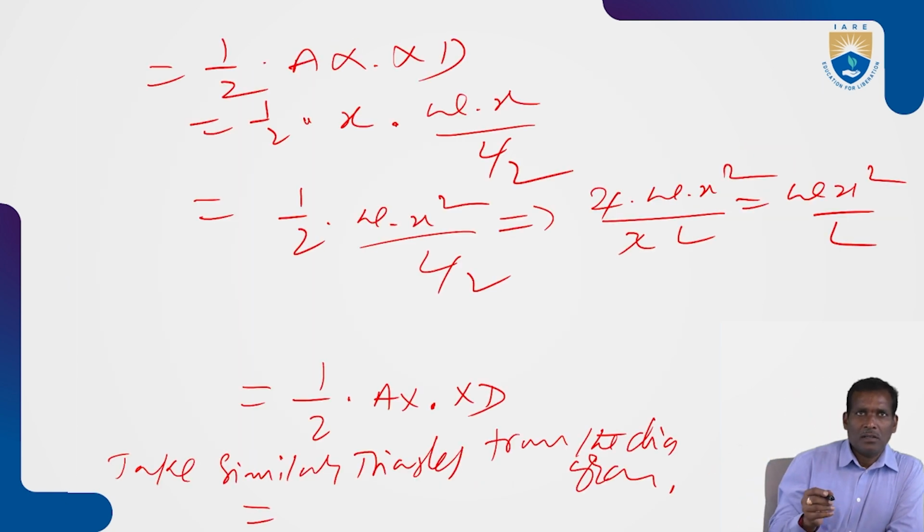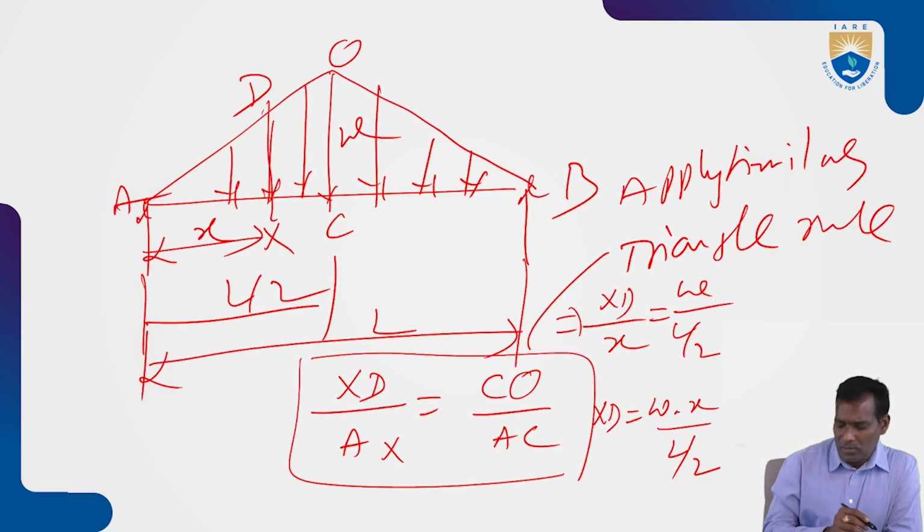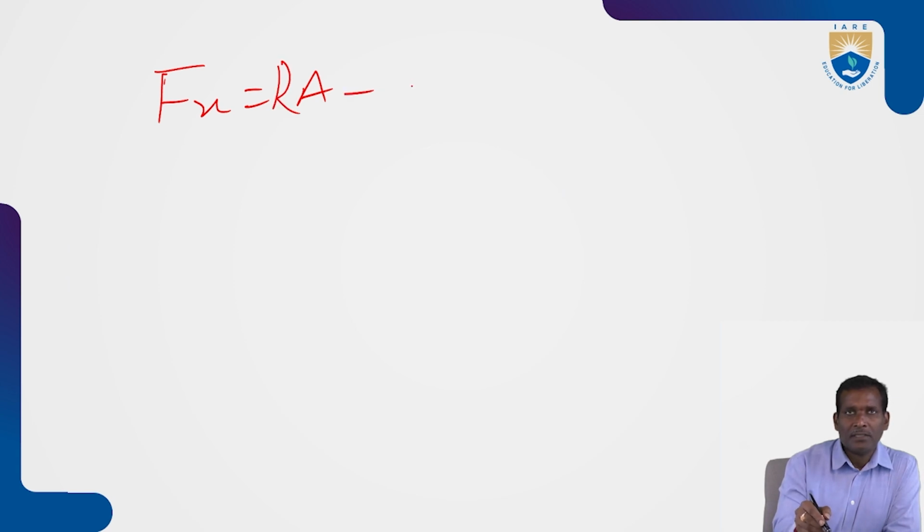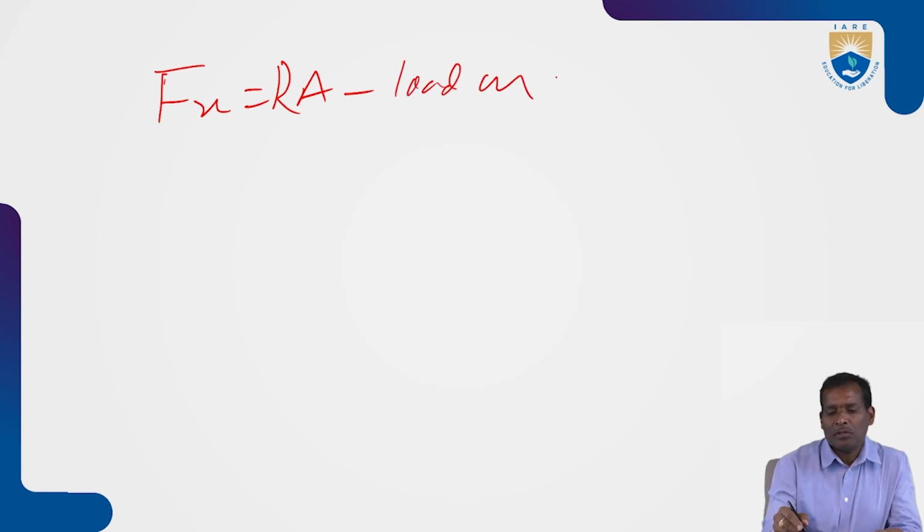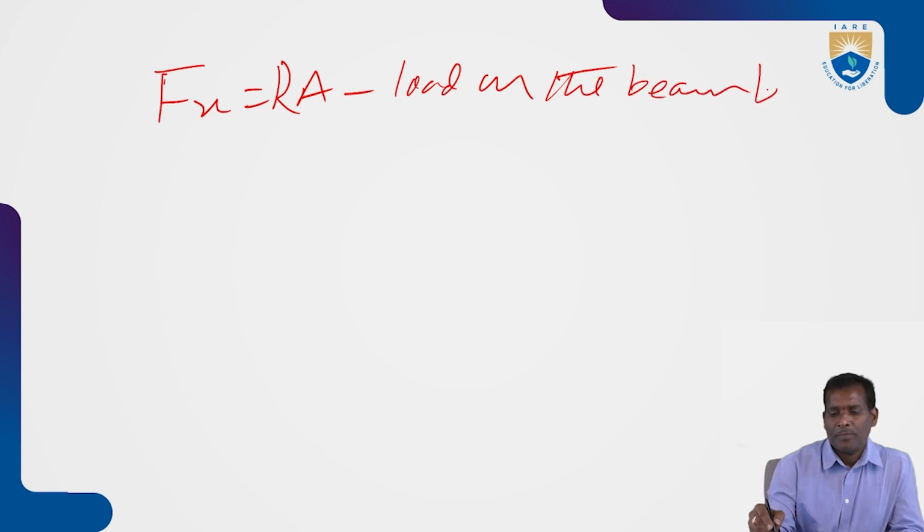So now substitute in the shear force equation. Shear force is equal to RA minus the load on the beam length AX.